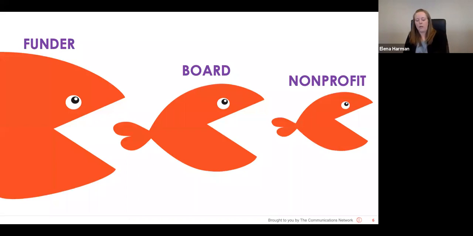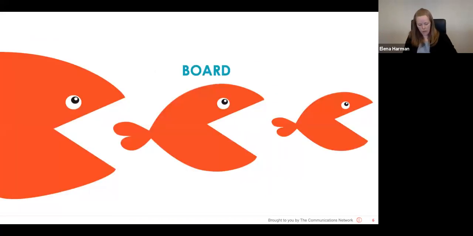We have to swap this order, and we have to make sure that the nonprofit evaluation needs are coming first and foremost, and then your board, and lastly external stakeholders like your funders. So what do you really want to know about your work, instead of what do others outside the organization want to know about what you're doing?